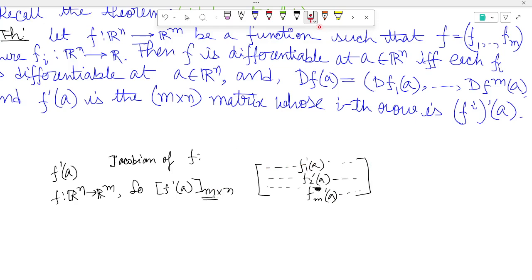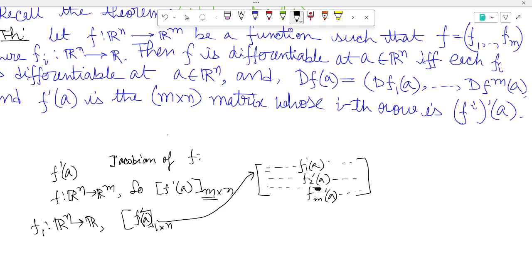Now fi dash a is a linear transformation. Suppose f1 is from Rn to R, then the matrix of f1 dash a will be a 1 cross n matrix.